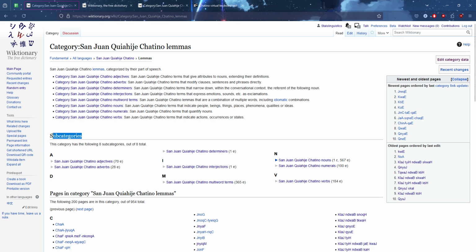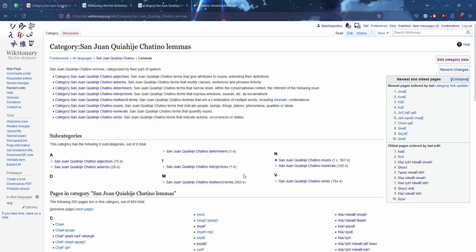Under subcategories here, you'll see that there are different subsections based on the groupings of the words, depending on what group they're in. So we have adjectives, adverbs, determiners, interjections, multi-word terms, which you're not going to concern yourself with quite yet, as well as nouns, numerals, and verbs.